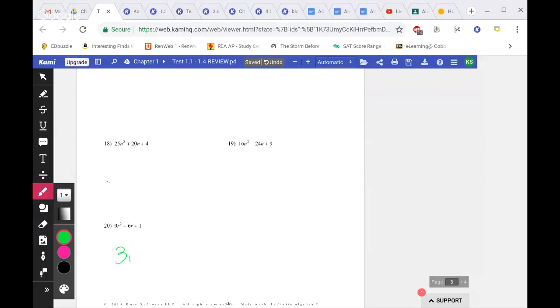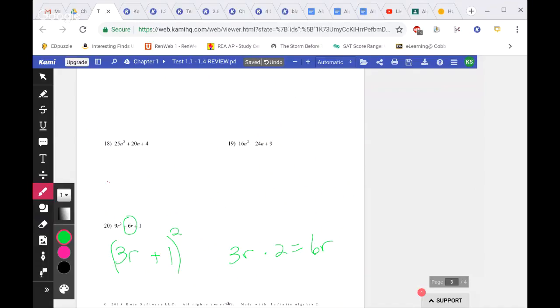And 3r is its square root, and 1 is a perfect square. And just to check to make sure that it works, I always take the first term and multiply it by the second term, which gives me a 3r, and then I multiply that by 2, which gives me 6r, and that is my middle.